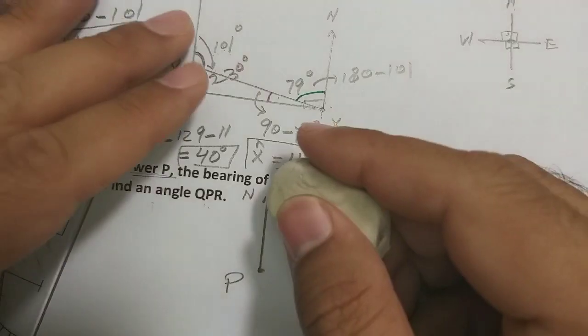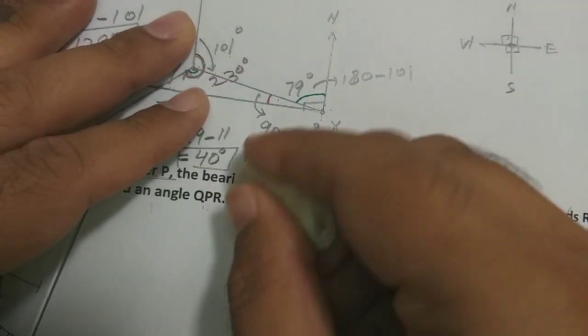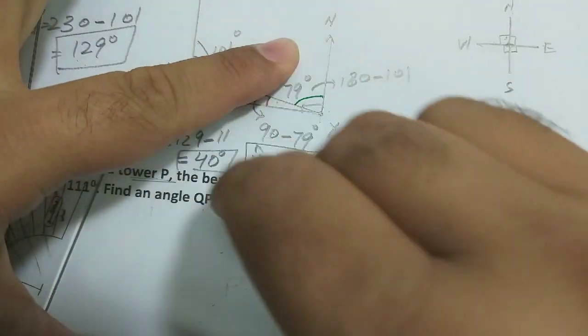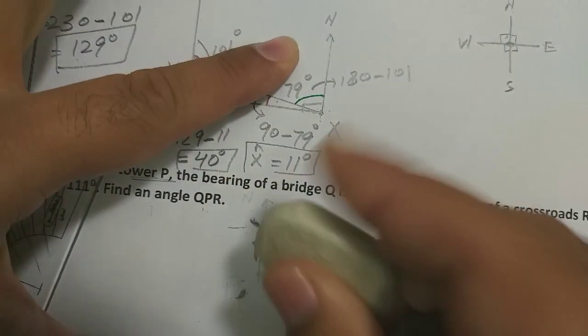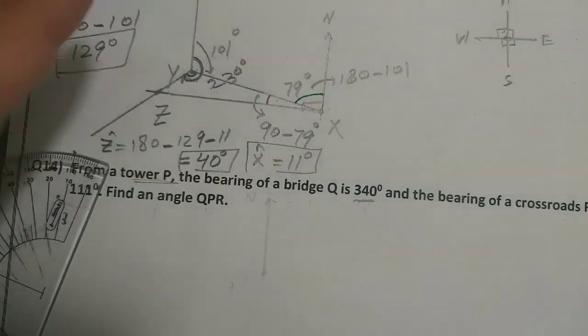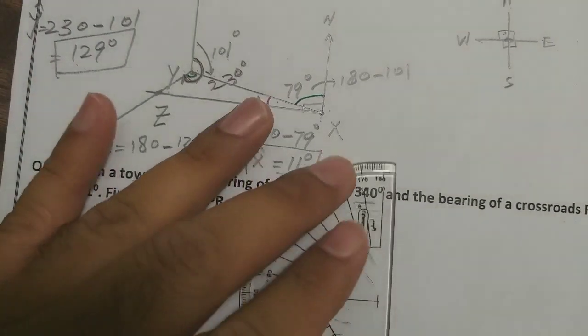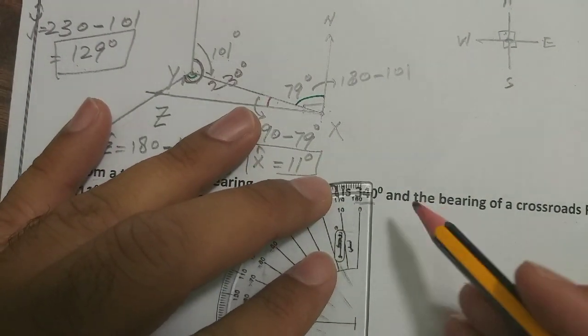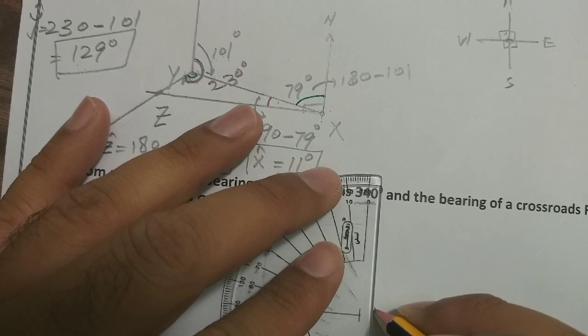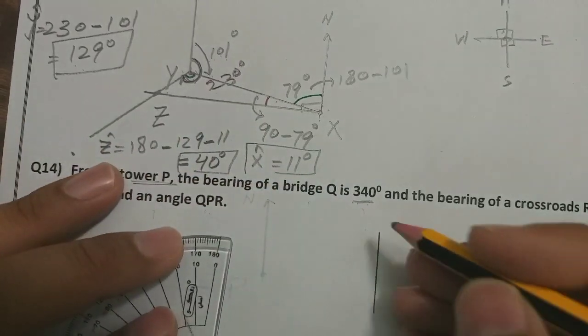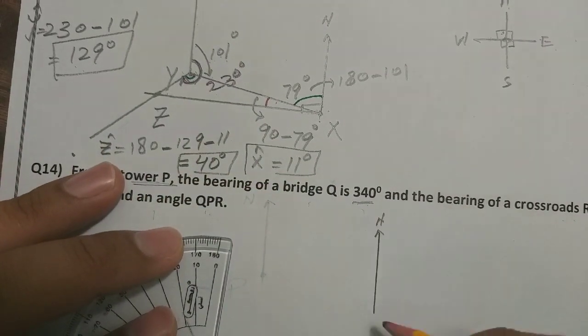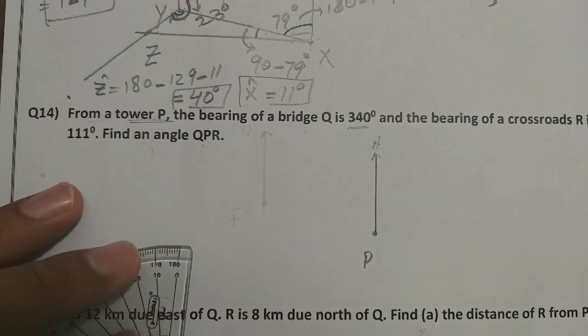Let's draw a slightly clearer picture. Let's suppose I draw somewhere here, this is north, and this is point P as given in the question.